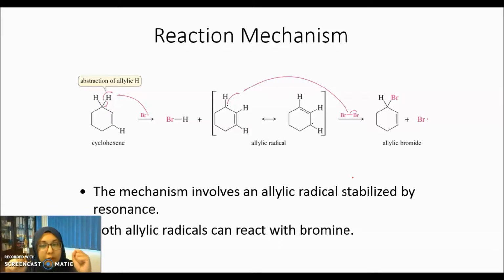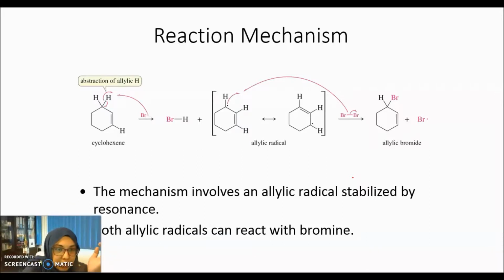That's why we call them radicals. Every time, you may want to refer this mechanism to the mechanism for halogenation of alkane.